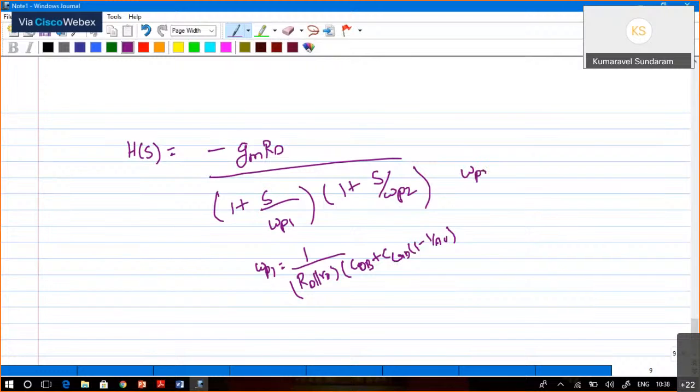Similarly, omega P2 is 1 by RS into CGS plus CGD into 1 minus AV.